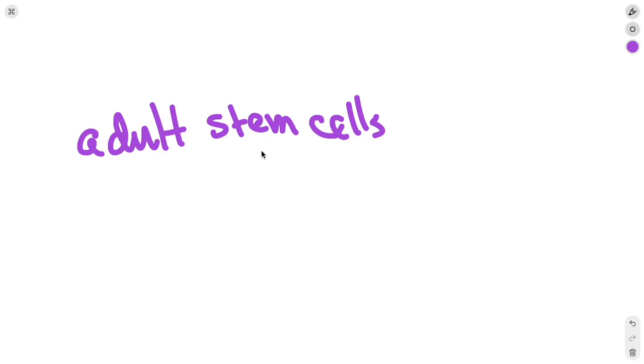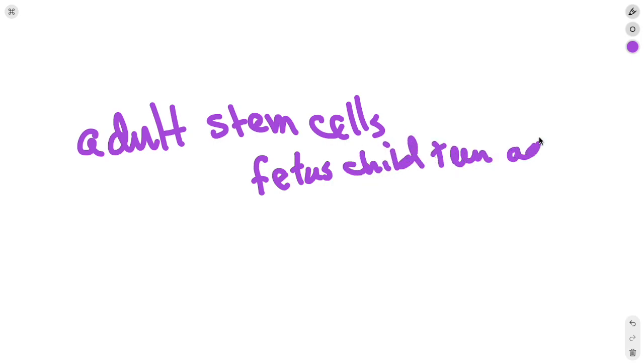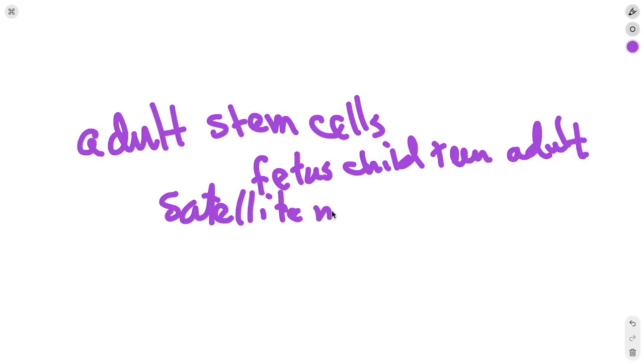And they're not limited to adults. They're present in a fetus, child, teen, adult. And our favorite example is the satellite stem cells that line all our muscles. There are others. We have them in our bone marrow.